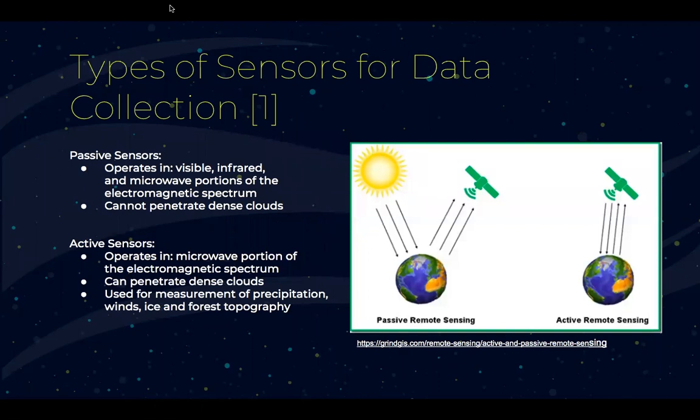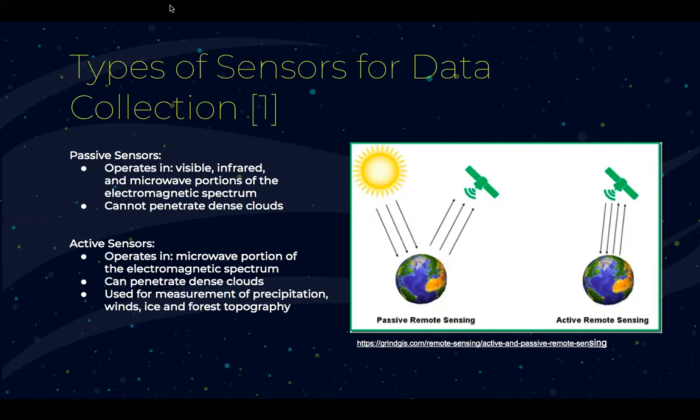There are two types of remote sensors for data collection: passive sensors and active sensors. Passive sensors work by using energy from the sun and detecting the radiation from a target source. This data can then be analyzed to measure the attributes of the target, like surface temperature and cloud formations.